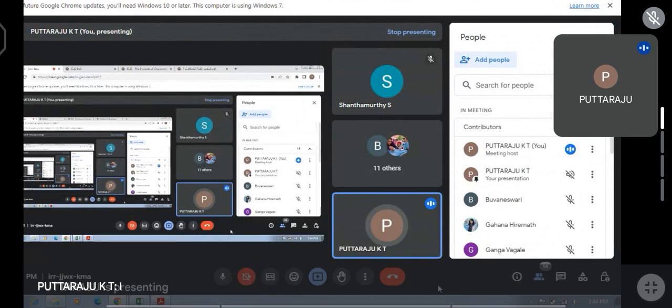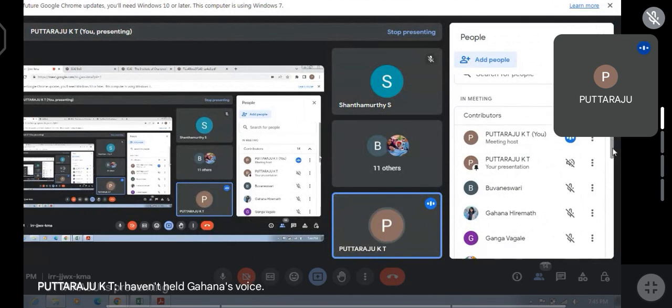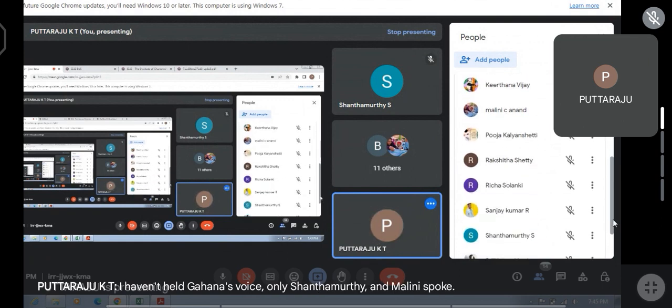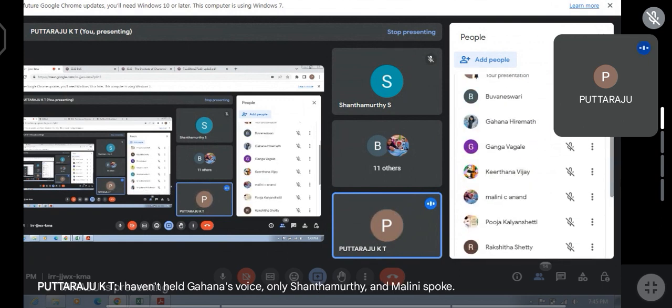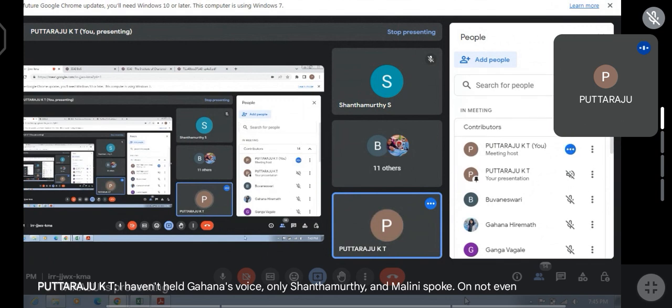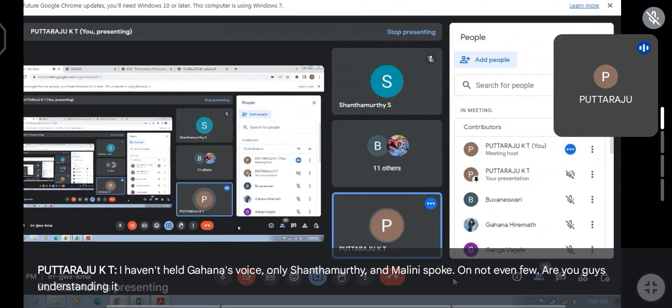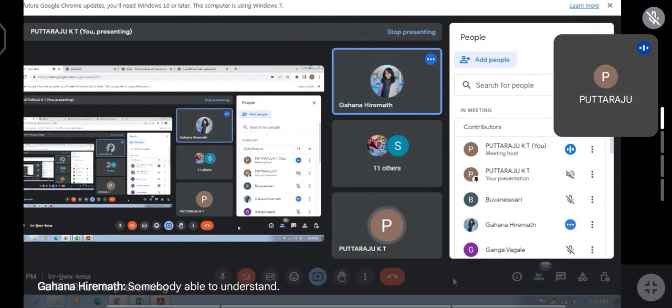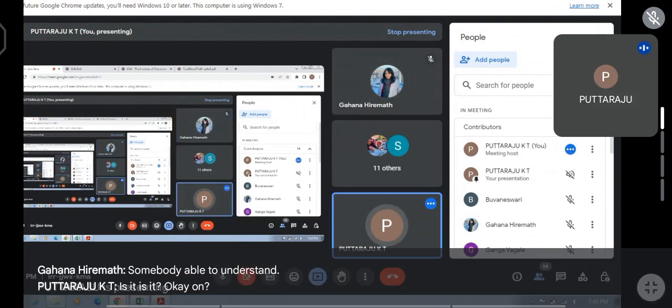I haven't heard Gahana's voice. Only Shantamurthy and Malini spoke. Are you guys understanding it or a little difficulty? Able to understand, sir. Some are able to understand.